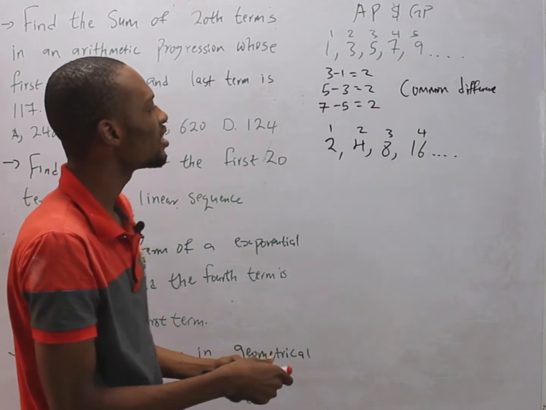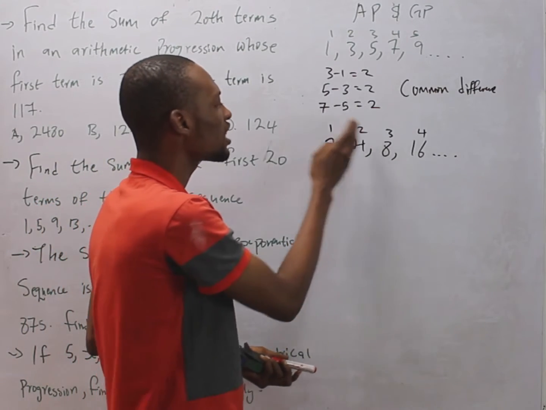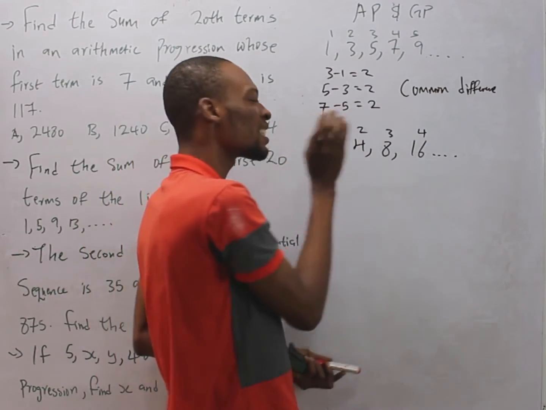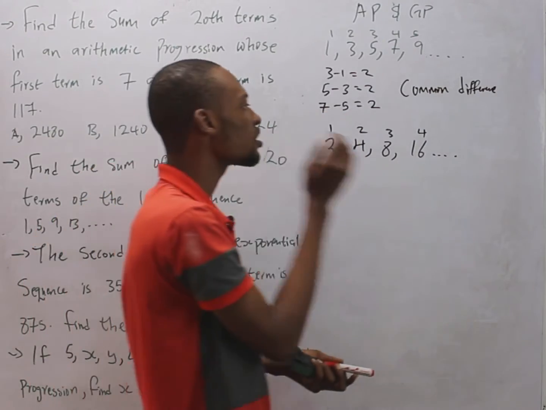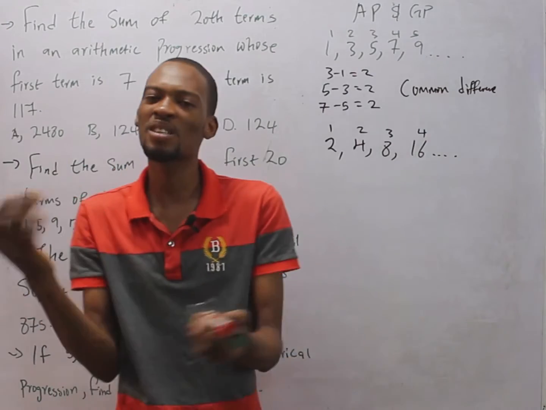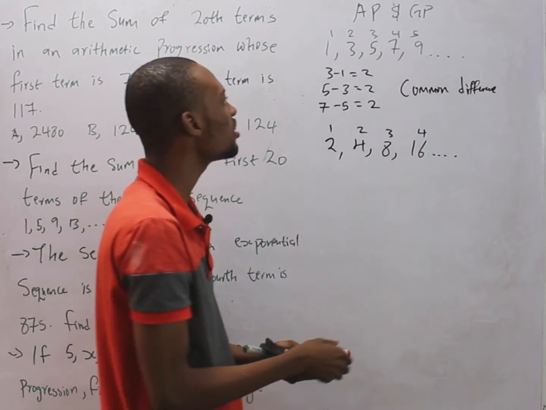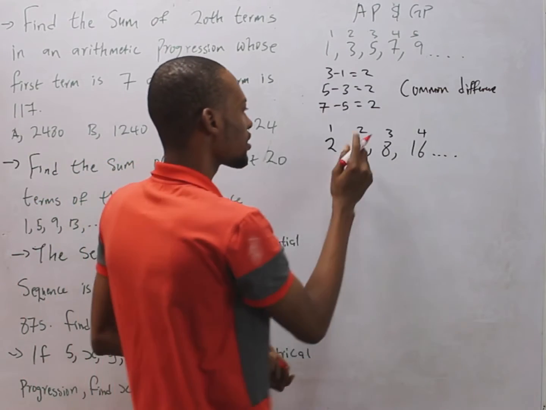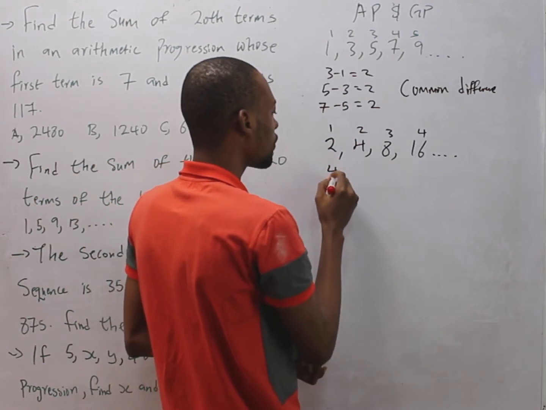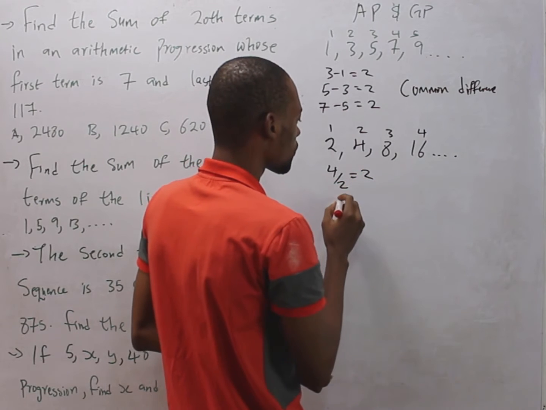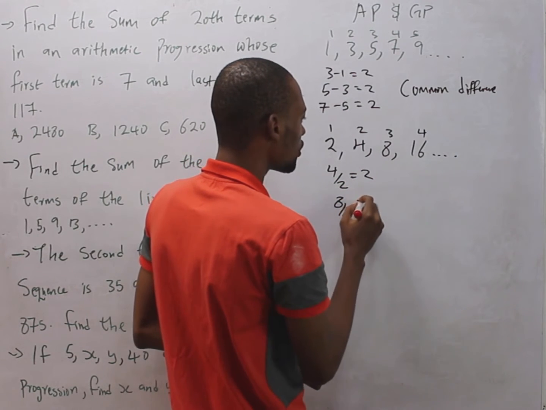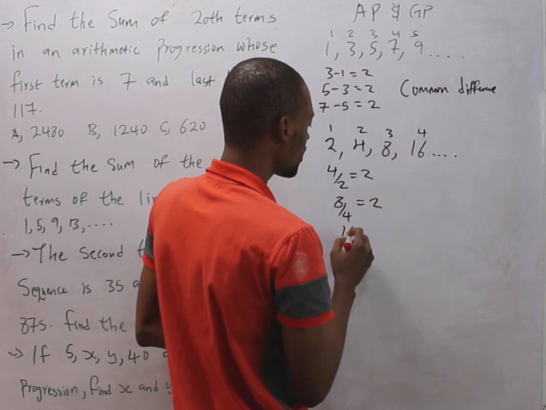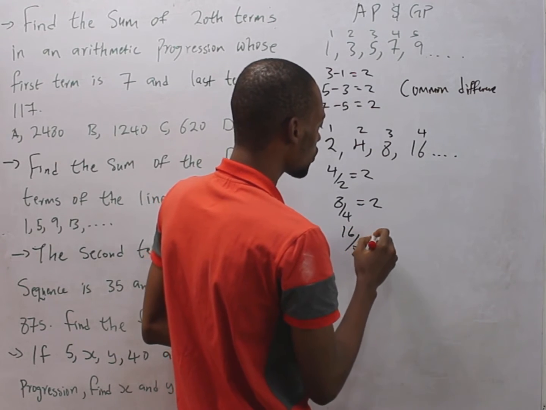So second term minus first term is not equals third term minus second term, and it's not equals fourth term minus third term, and so on. So this is obviously not an AP. Now let's do something. Second term divided by first term, that is 4 divided by 2 is equals 2. 8 divided by 4 is equals 2. 16 divided by 8 is equals 2.